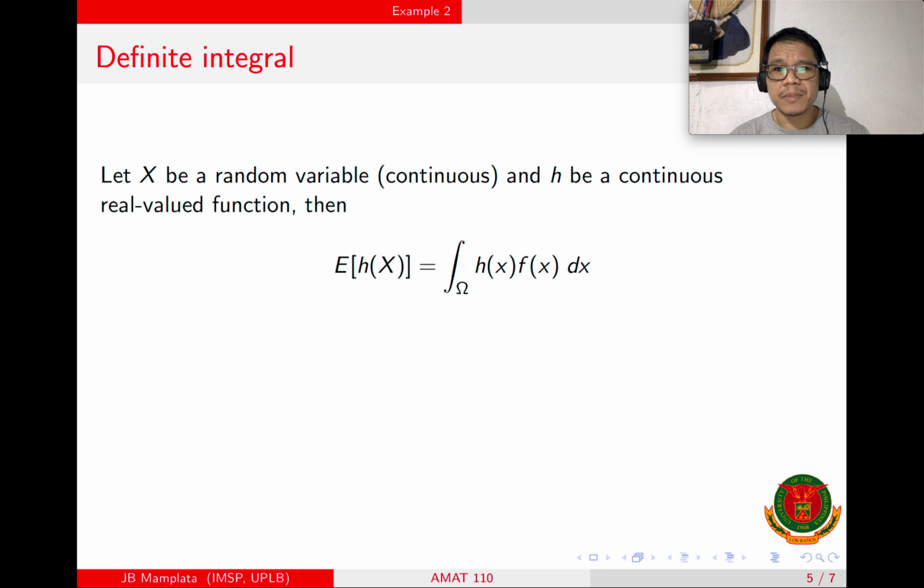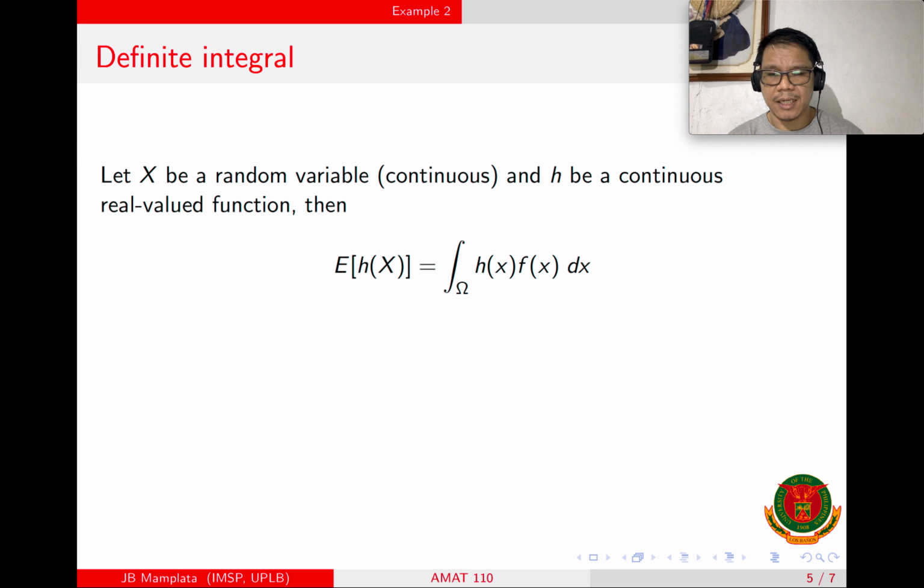Similar to example number one. Sa example number one, yung random variable na kinonsider natin ay nagpa-follow ng uniform distribution. So yung x natin from there is uniform on negative 1 to 1. Yung y natin is uniform on negative 1 to 1. So pag pinagsama mo si x and y, we actually have a bivariate uniform distribution.